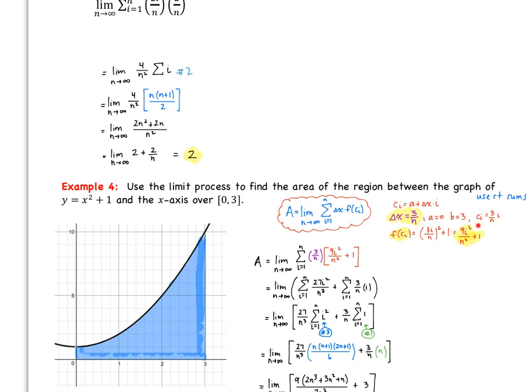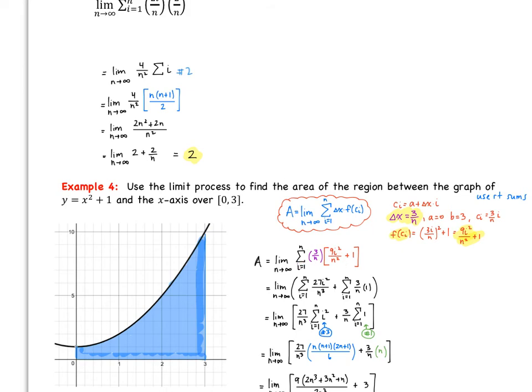So when we plug this c sub i into our function, y equals x squared plus 1, we're going to get (3i over n) squared plus 1, or simply 9i squared over n squared plus 1. Okay, so now we're going to plug in our delta x and our f of c sub i into our summation.